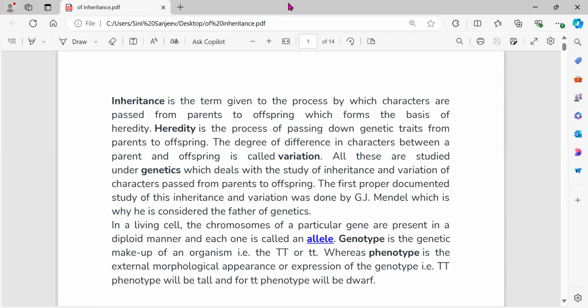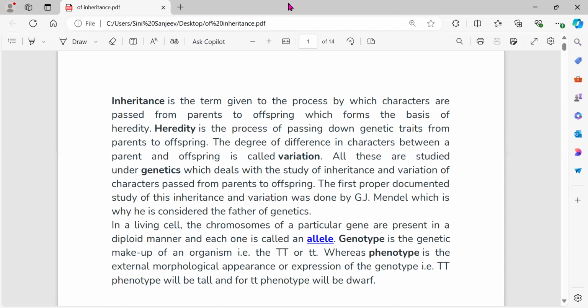This is a variation, because in their family earlier they never had a child with blue or green eyes, but now it's born. The degree of difference in characters between the parent and the offspring is called variation.